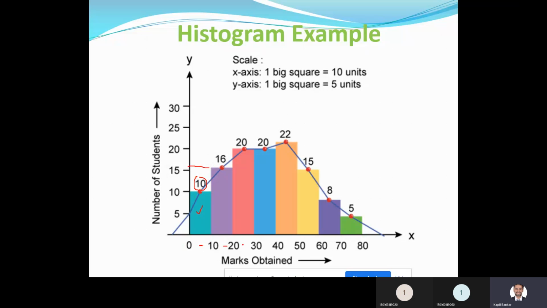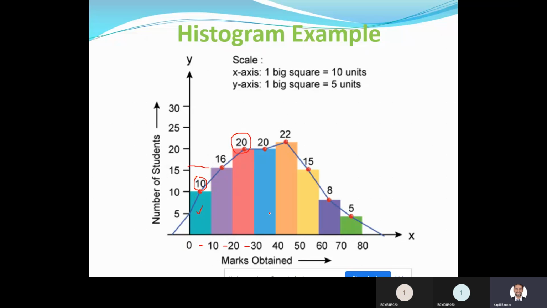The third column represents the range of 20 to 30. Under this column, suppose 20 students from your class got marks between 20 and 30. According to all this data, you prepare the histogram.